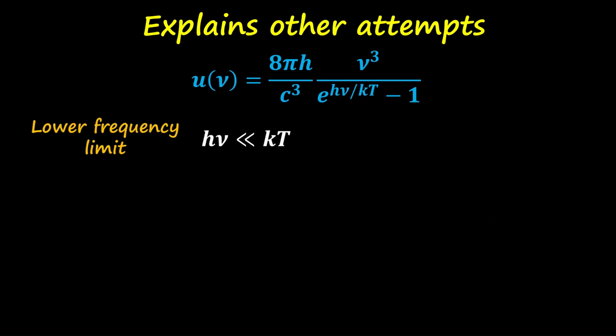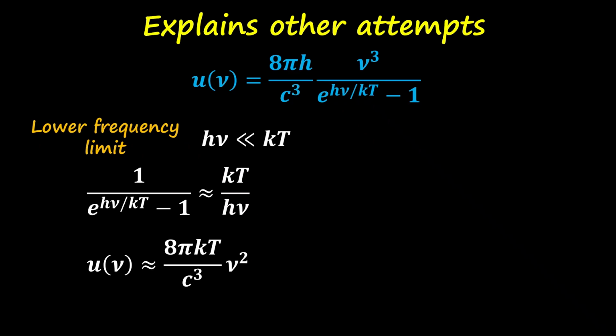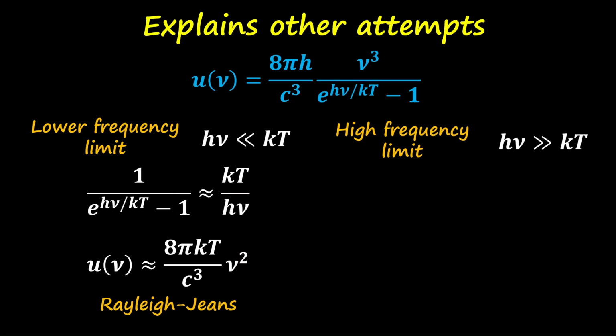In the low frequency limit, this term we can approximate by this expression using the expansion. And if I substitute this, we will get this expression, which is the Rayleigh-Jeans formula. And in the other extreme, that is the high frequency limit, the exponential term will dominate and we can approximate by this expression.